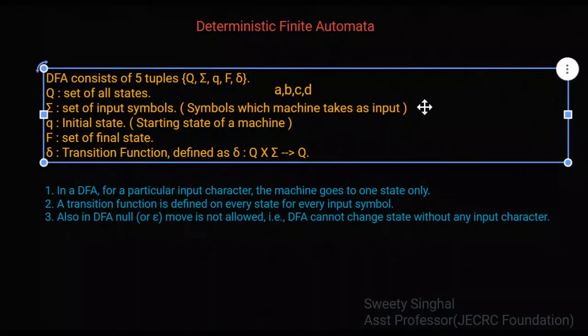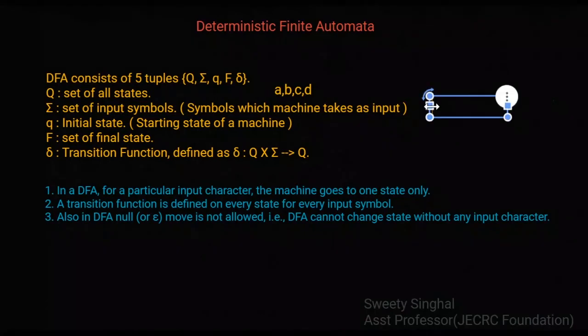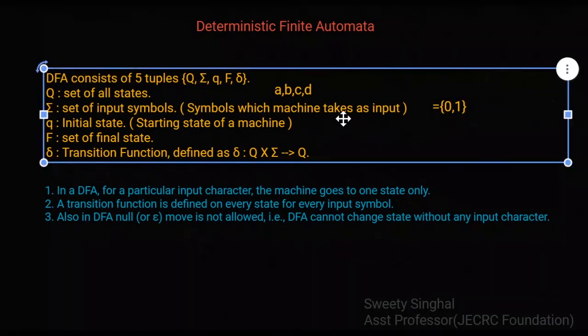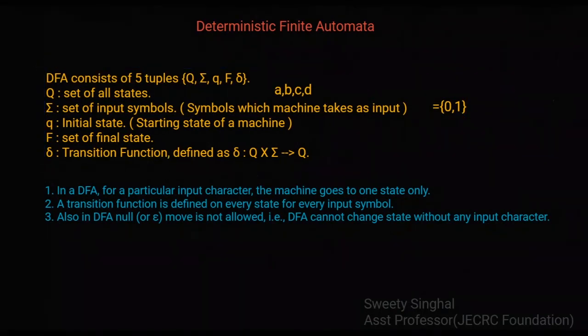Set of input symbols. What will be the input symbols? What will be the value for sigma? The value for sigma is 0 and 1. What will be the initial state? A will be the initial state.